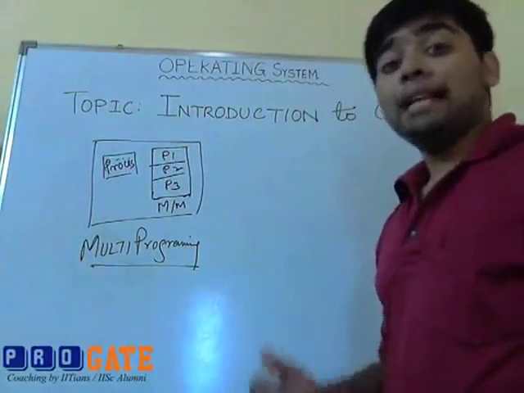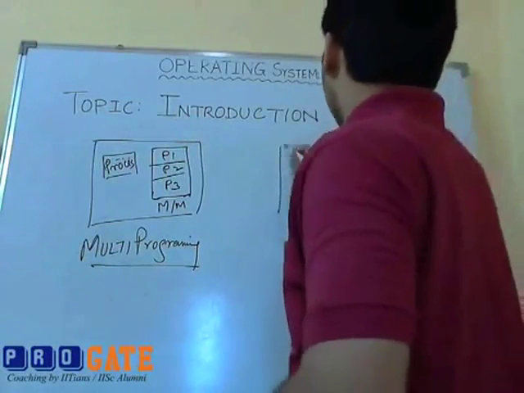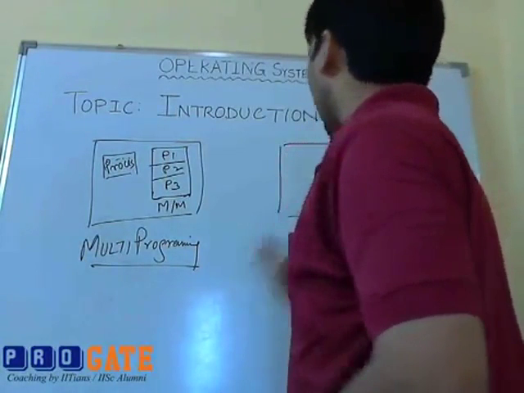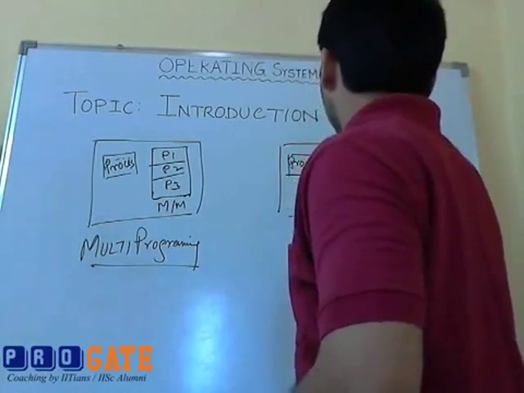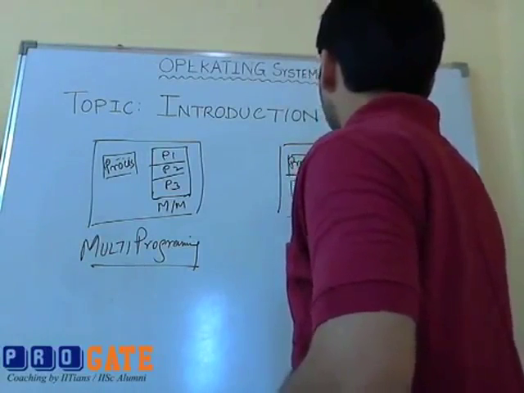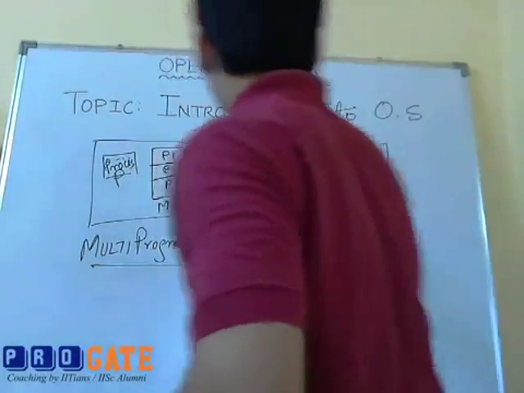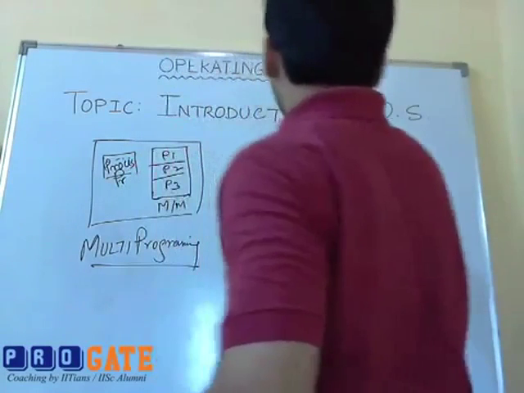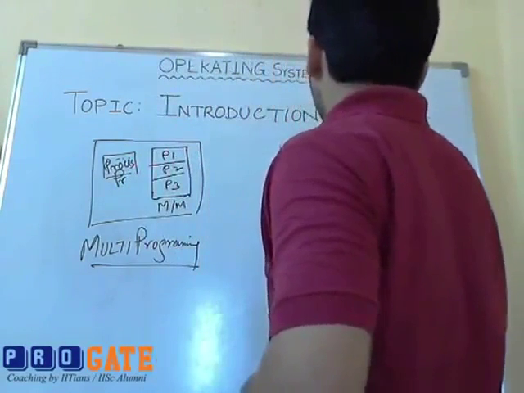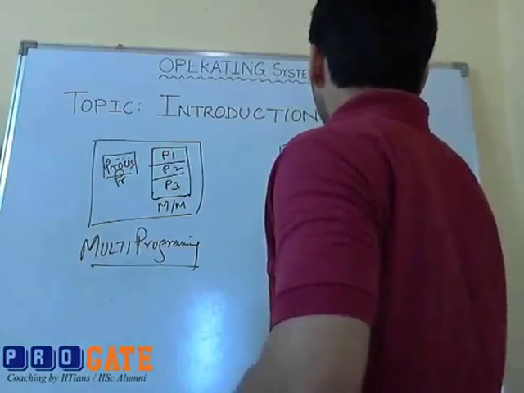But in a multi-processing system, you have a number of processors. This is PR1, PR2, PR3.